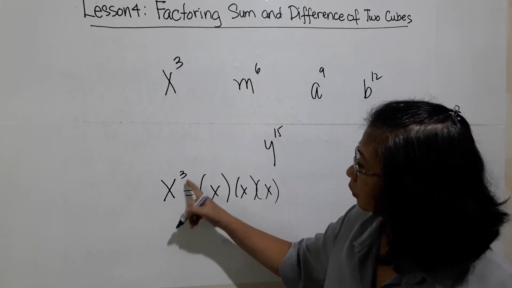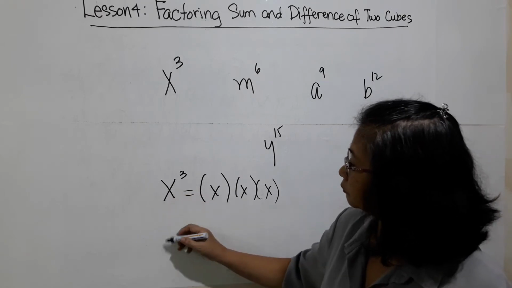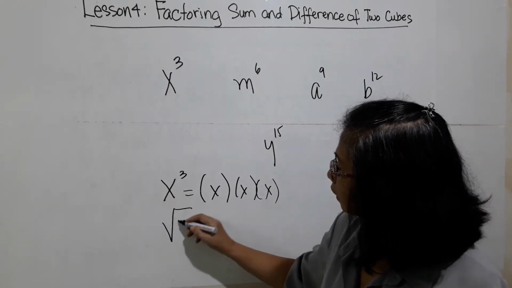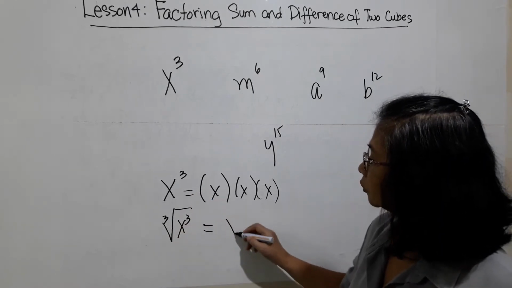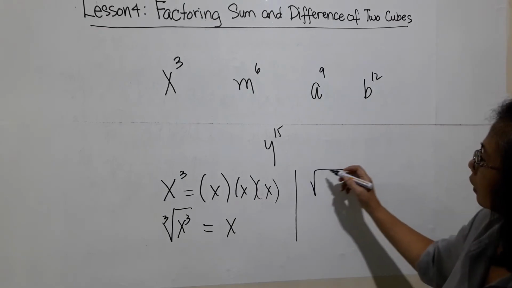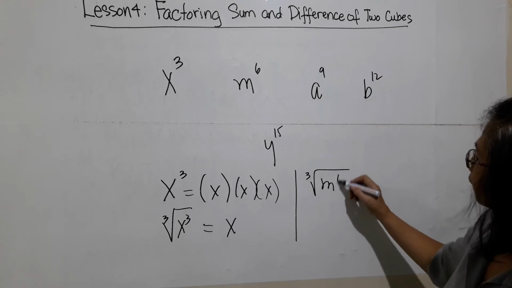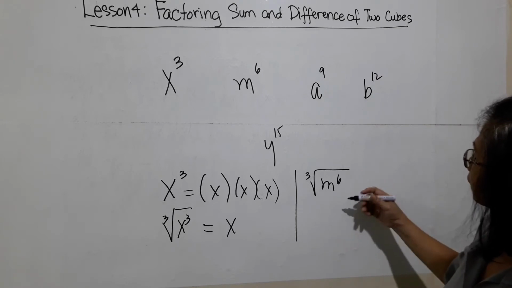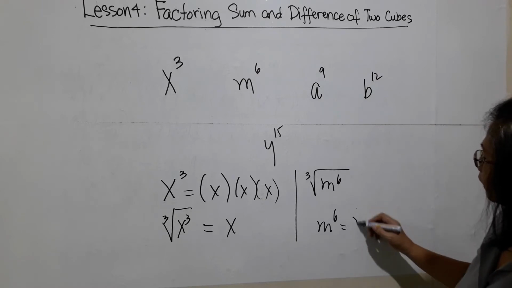What is the cube root of x cubed? Your answer should be x. What is the cube root of m to the 6th? So m to the 6th can be written as m squared, cubed.